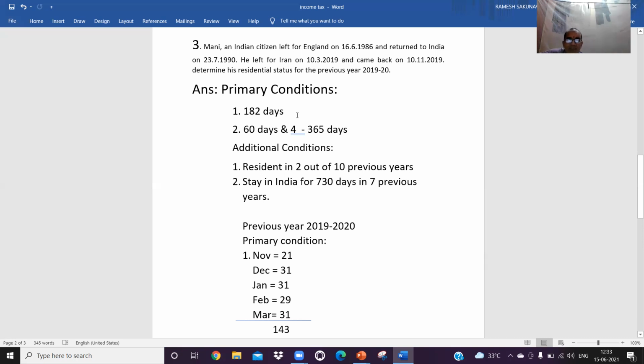If he satisfies only one of the primary conditions, he does not satisfy any additional conditions, then he is resident but not ordinarily resident. If he does not satisfy any of the primary conditions, you need not check additional conditions. He is a non-resident, that's all. Did you understand?